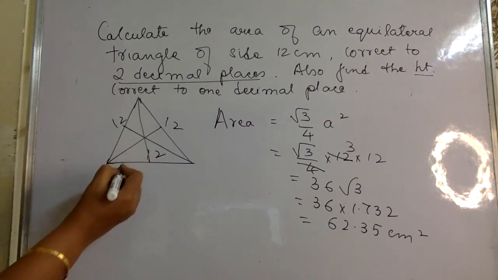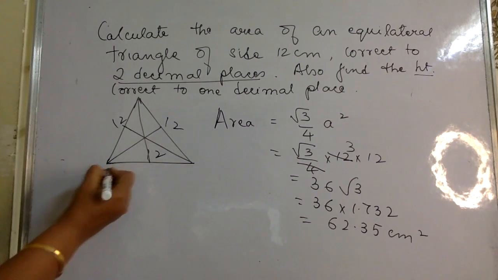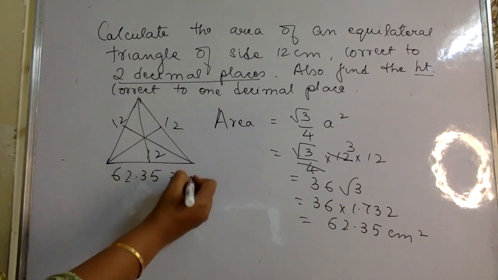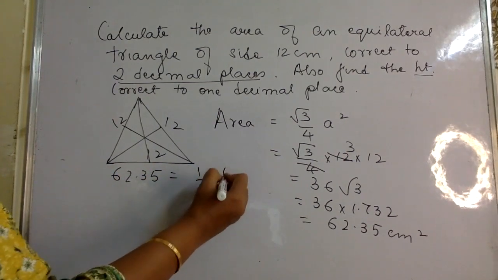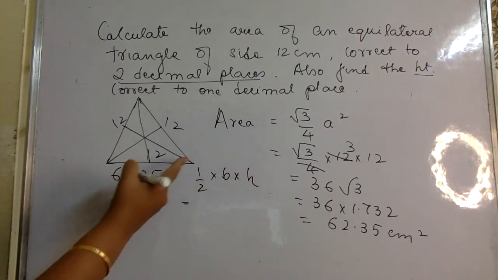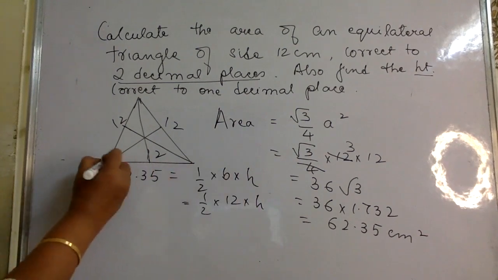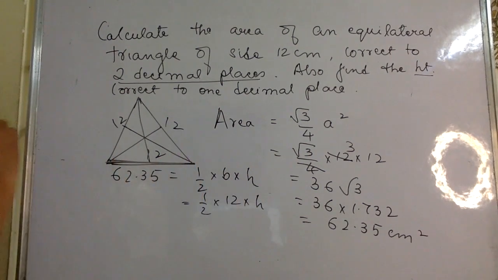If I want to find the height, I'll be using this area. 62.35, that is the area, is equal to half into base into height. The base anyways is 12, and I am taking this as the base.